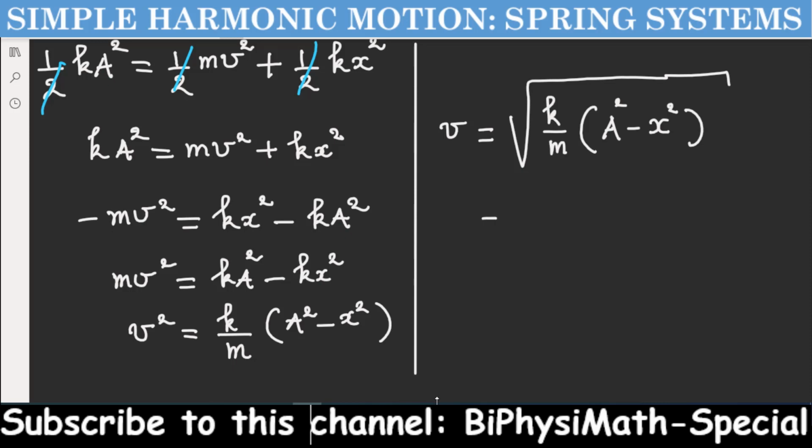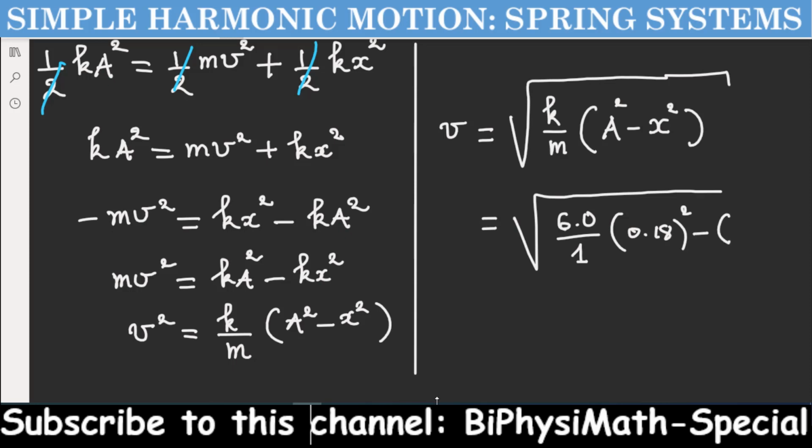Now replacing, try to put the given values, 6.0 over 1 kilogram times the amplitude squared minus the given displacement squared, you get 3.3 meter per second.